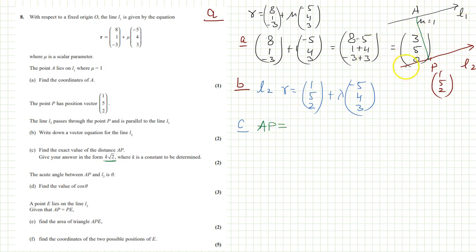AP is OP minus OA. OP is (1, 5, 2) minus OA is (3, 5, 0). That is 1 minus 3 is minus 2, 5 minus 5 is 0, 2 minus 0 is 2.